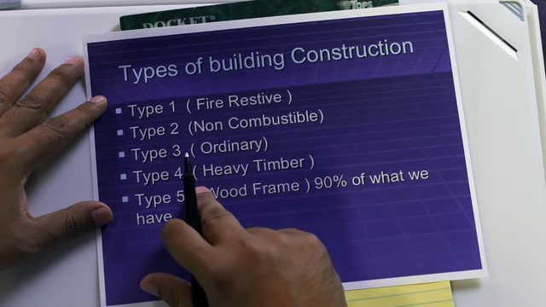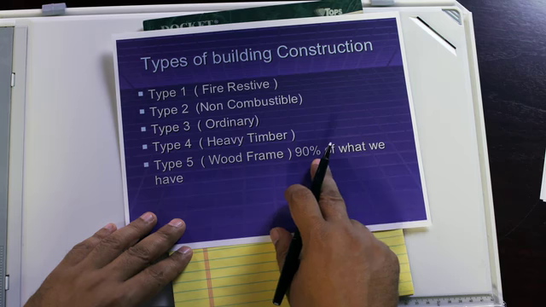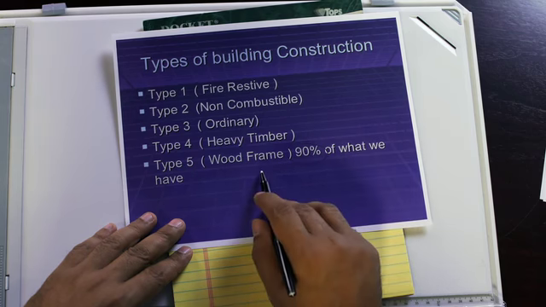Type 4 is heavy timber, which are made of wood but with very heavy sections. Type 5 wood, which is 90% of what we have, is split into 2 categories. There's Type 5A and Type 5B. Type 5A has a 1-hour fire resistant envelope, and Type 5B does not have a 1-hour fire resistive envelope.